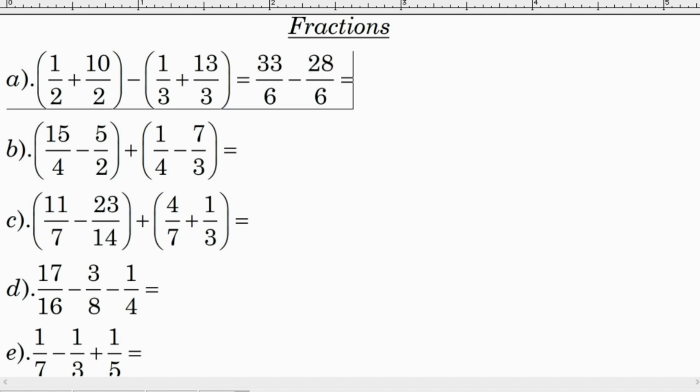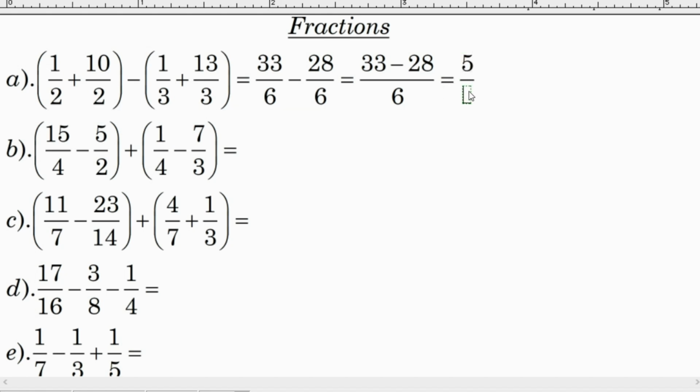So then we just put the same denominator 6 and then we take 33 minus 28. Okay, so then which is equal to 5 divided by 6. So that is the final answer.